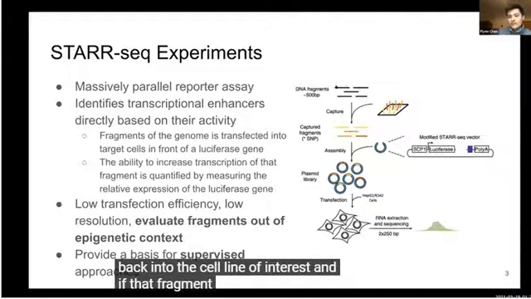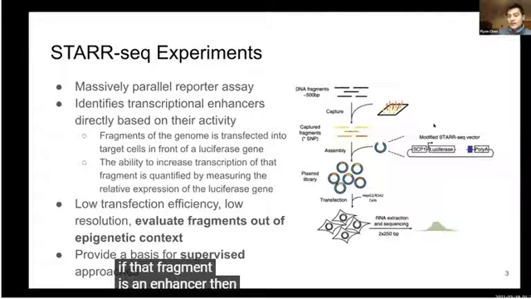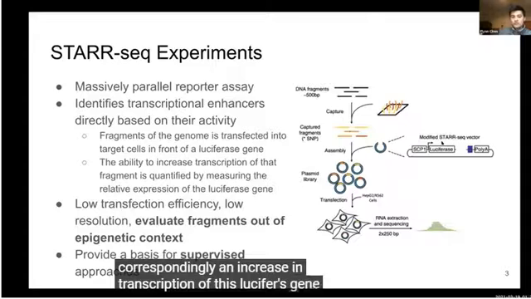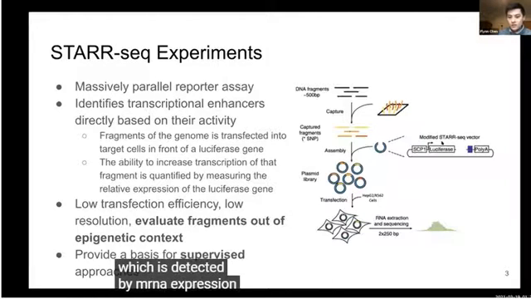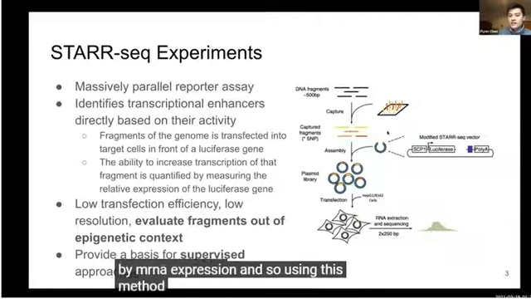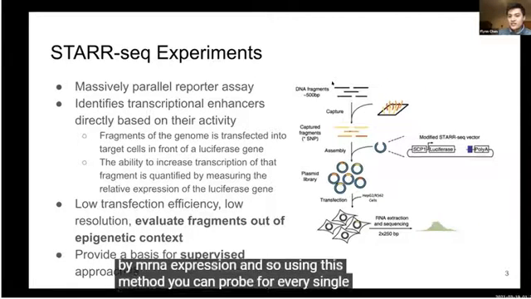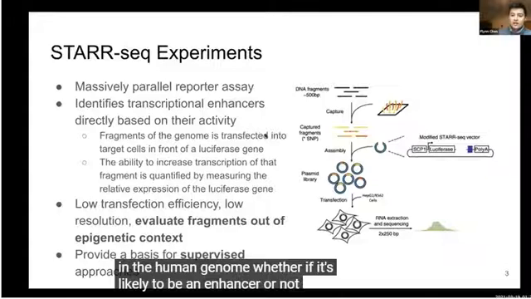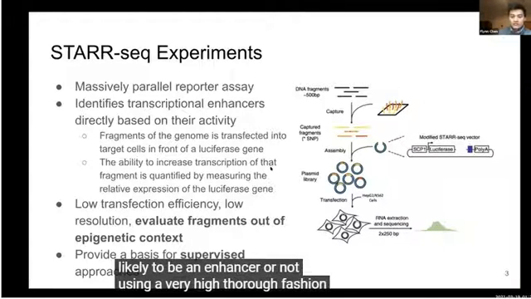If that fragment is an enhancer, then you would see a corresponding increase in transcription of this luciferase gene, which is detected by mRNA expression. And so using this method, you can probe, for every single fragment in the human genome, whether it's likely to be an enhancer or not, in a very high throughput fashion.